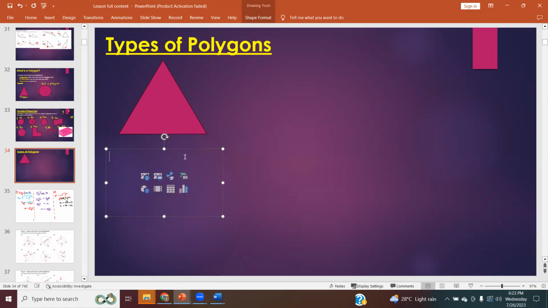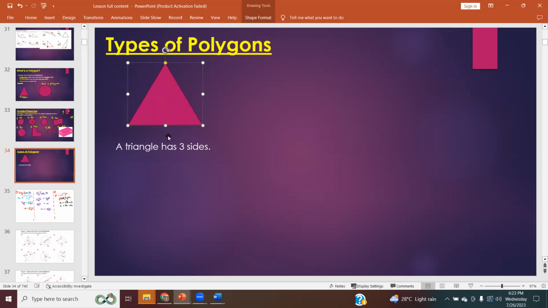So this is a triangle. It has 3 sides. Like I said, this is the lowest one that we could form.